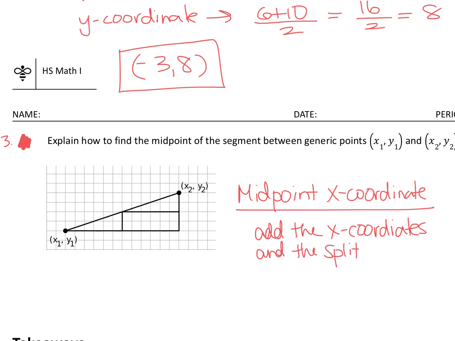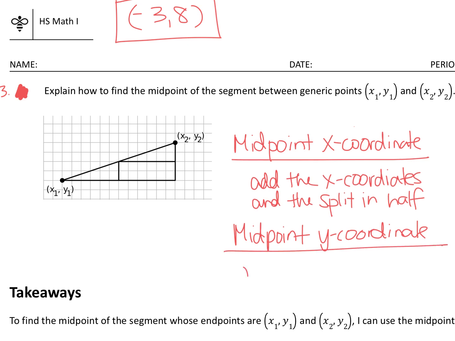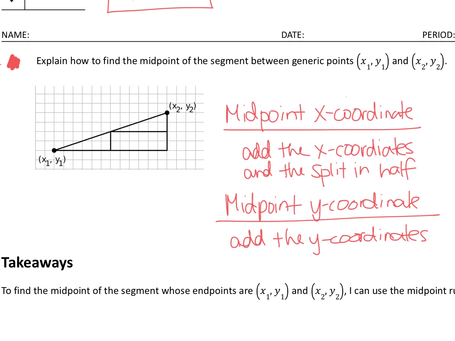That's the dividing by 2. Okay, and so we're just doing generic, right? So midpoint y coordinate, we're going to add the y coordinates and split that in half.